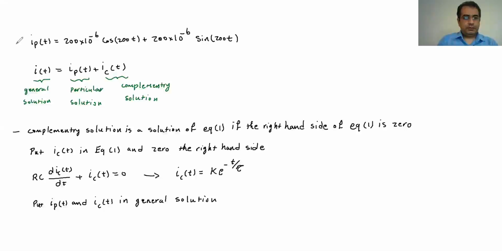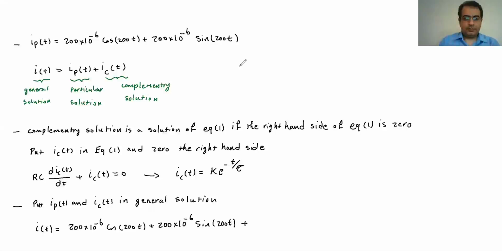So the general solution is going to become: the particular solution is this one, 200 times 10 to the negative 6 cosine 200t plus 200 times 10 to the negative 6 sine 200t. So this is the particular solution.